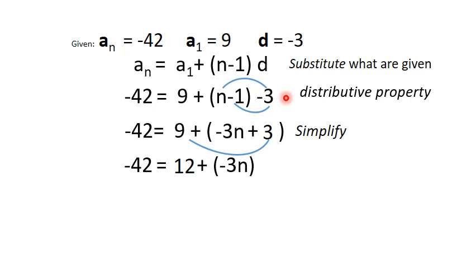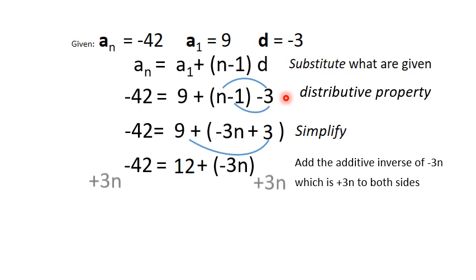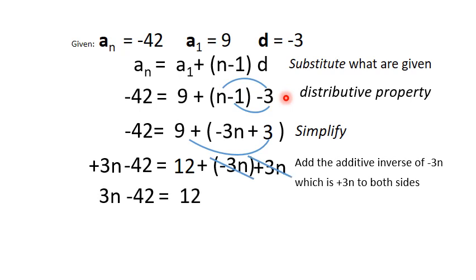So in this equation, i-eliminate na naman natin ang negative 3n. So gagamit tayo ng additive inverse ng negative 3n ay positive 3n. So both sides na naman of the equation. Ngayon, eliminated ang negative 3n and positive 3n.